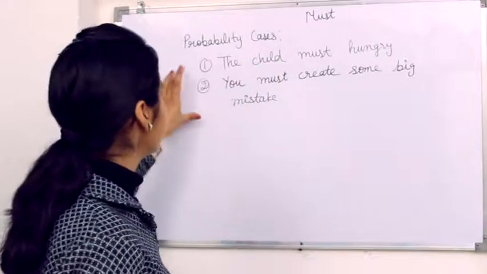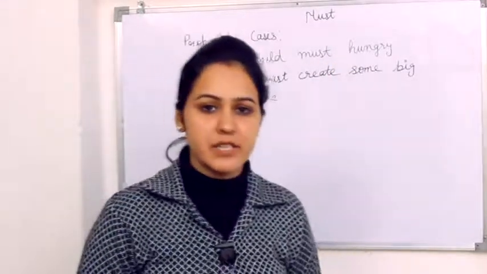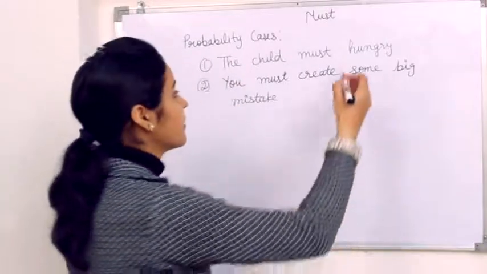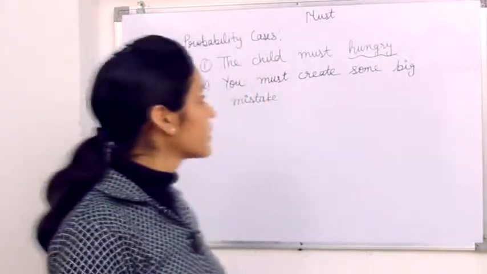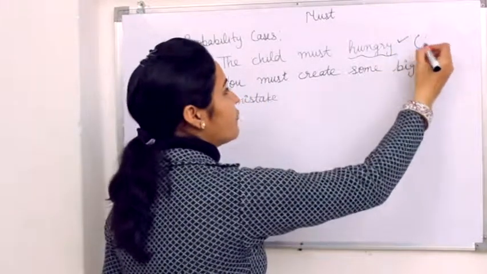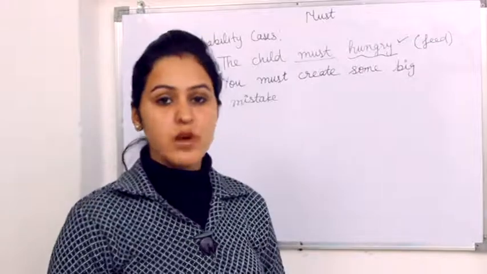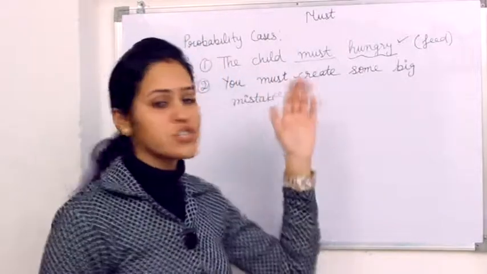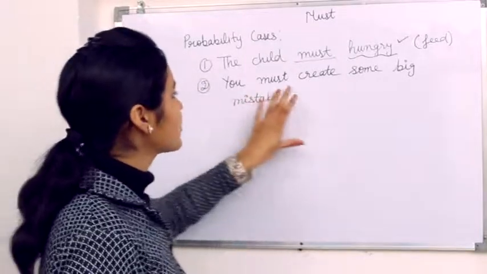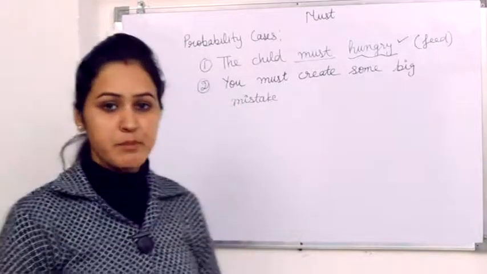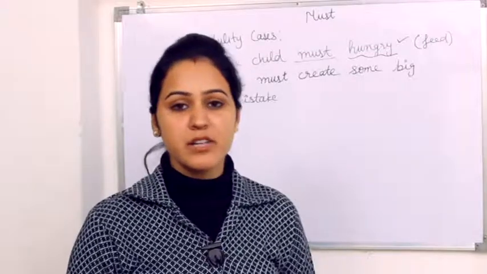In the very first, the condition is the child must be hungry. So this is related to appetite, means the child must be hungry and he needs some kind of feed. So it is very obvious to us that the child must be hungry. The second one is, you must have made some big mistake, means in the situation it is clear that someone has made some kind of mistake.